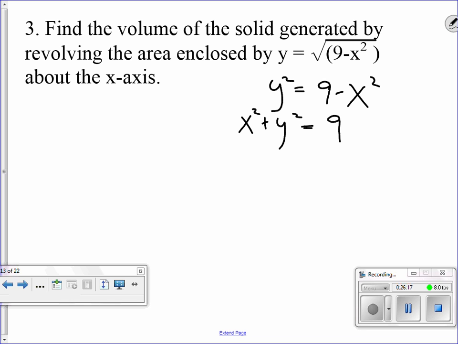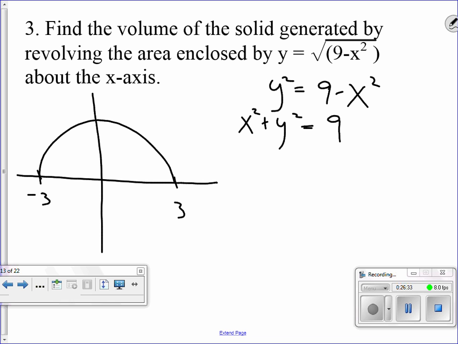We have the top half of the circle where the y's are positive. So yeah, we're going to graph this. It's a semicircle. What is the radius of the semicircle? 3. So from -3 to 3. And we're only going to see half the circle because we're only looking at the positive y value. Y is the positive square root.